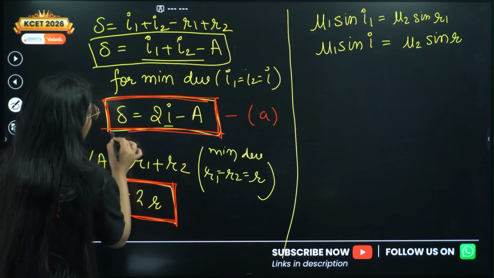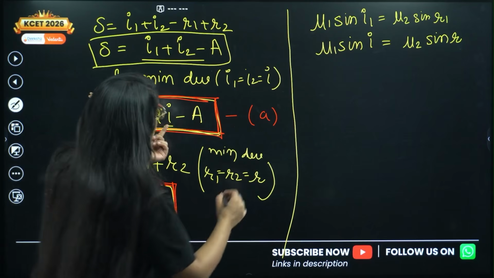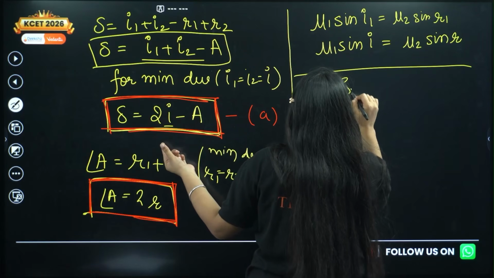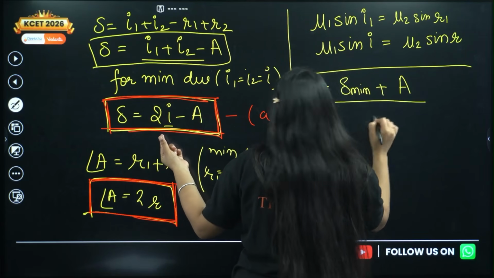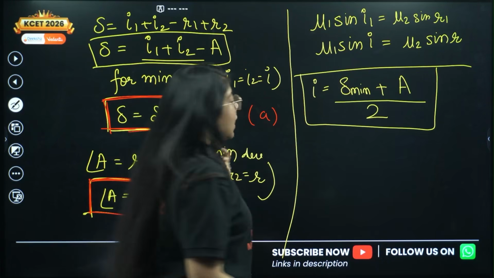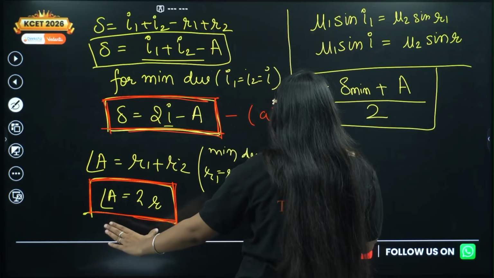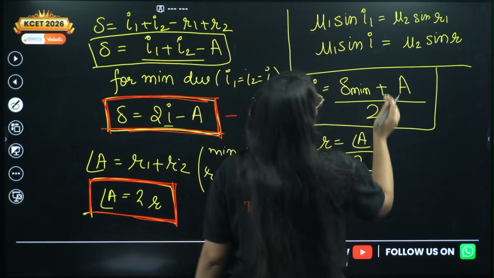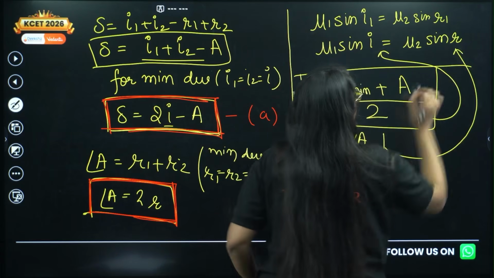Now from here, can we find the value of I? I will be delta, the angle of minimum deviation, plus A, that is angle of prism, divided by 2. Correct? Then from the equation A equals 2R, we have R equals angle A divided by 2. So we have I and R here. Just put these values in this particular equation.